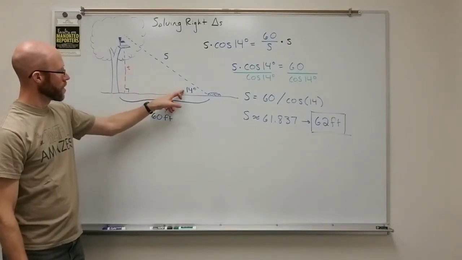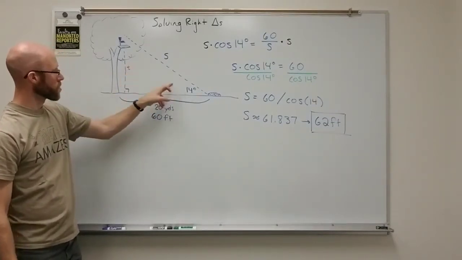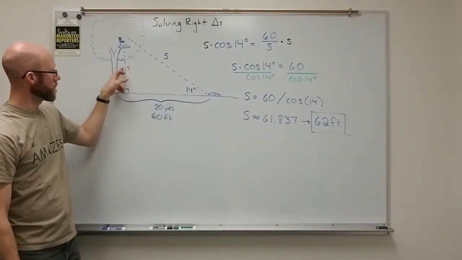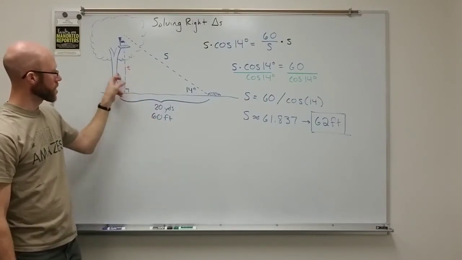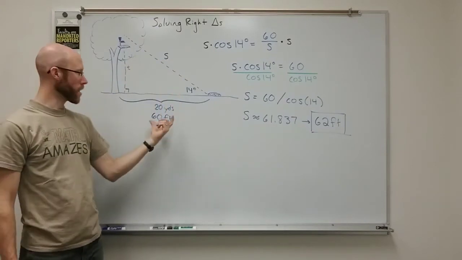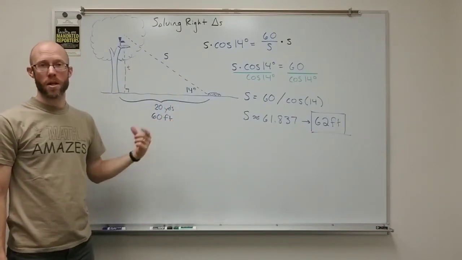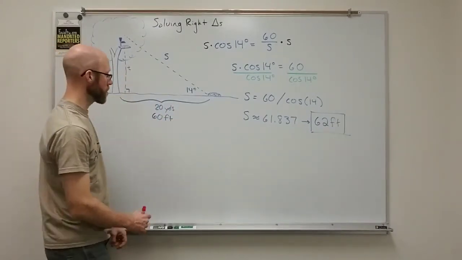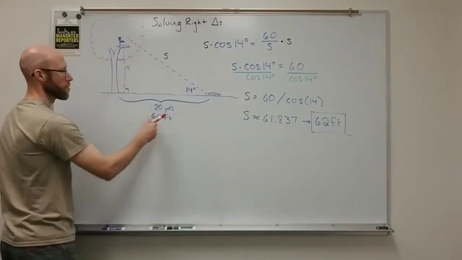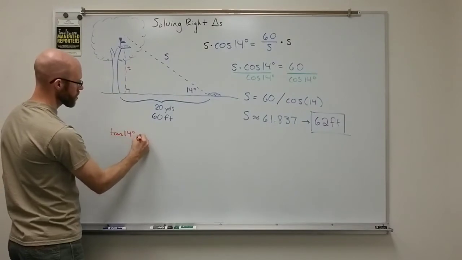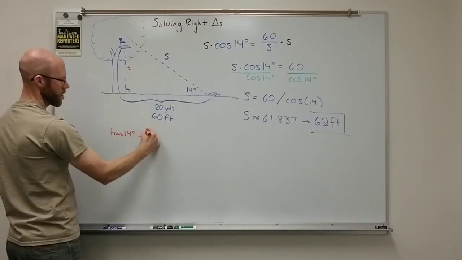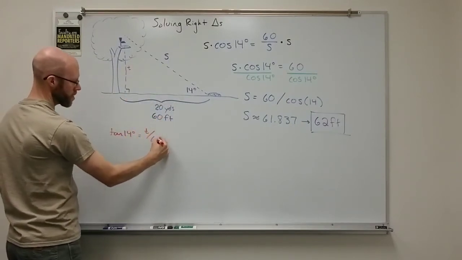And so that's from a 14-degree angle, that's the opposite over, you could do over the adjacent or the hypotenuse, whatever you want. I like to go back to the original information given. So that height could be found using the tangent, right? So the tangent of 14 degrees is the opposite over the adjacent.